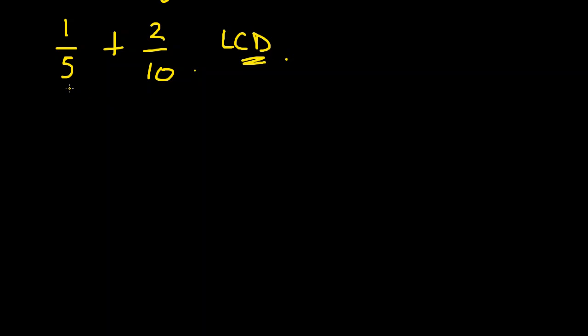So how do we find that lowest common denominator? Well, we actually use the lowest common multiple. To find the lowest common denominator of 1 over 5 and 2 over 10, we need to find the lowest common multiple of the denominators.